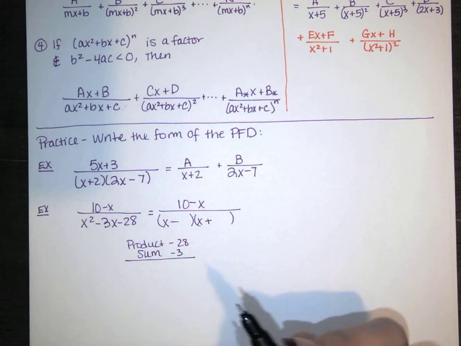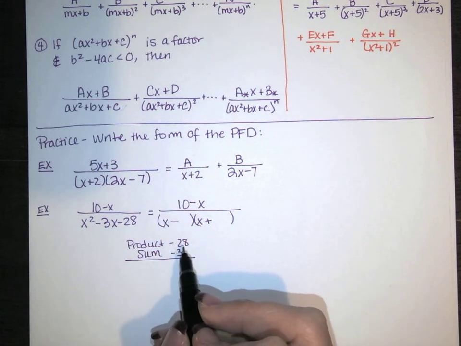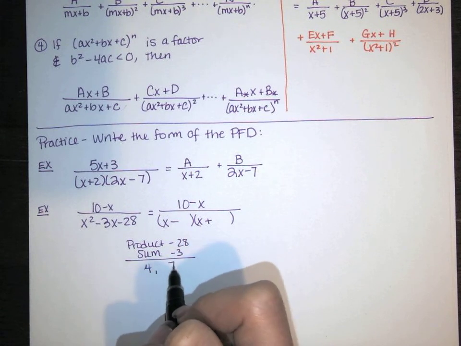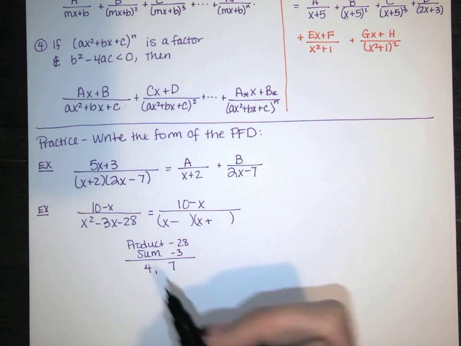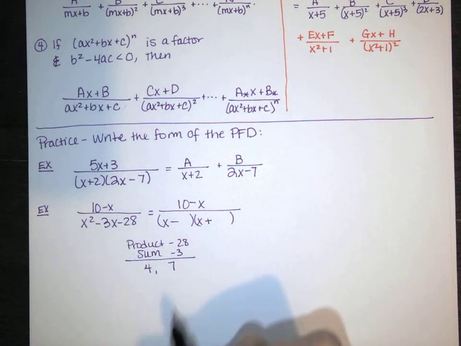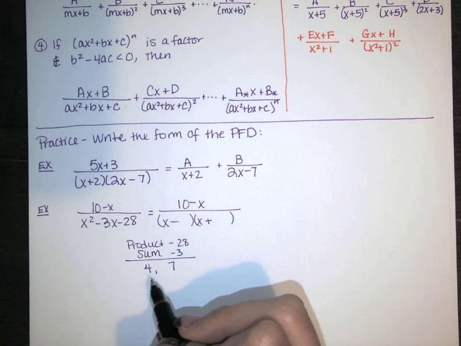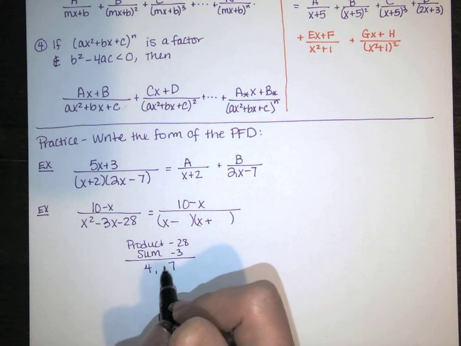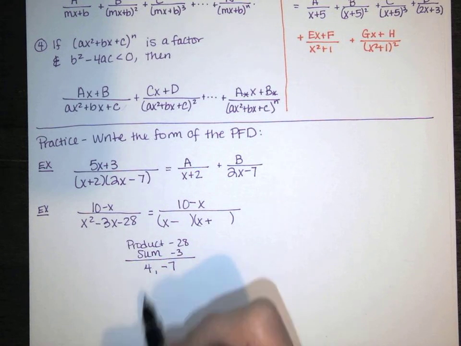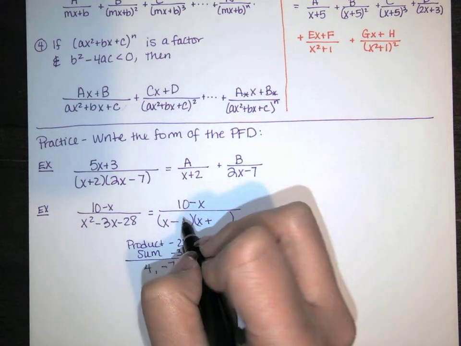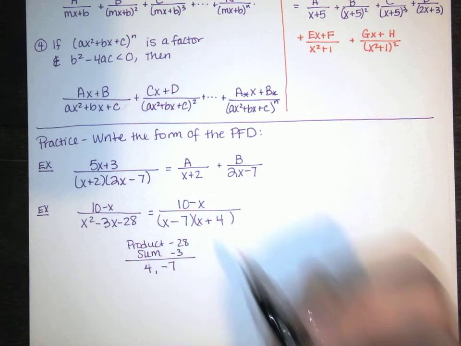So what I'm really looking for is two numbers that multiply to give me 28 that have a difference of 3. 4 and 7 will work, won't they? Because they have a difference of 3, and 4 times 7 is 28. Which one has to be negative so that the sum is negative 3? I guess it's the 7. Negative 7 plus 4 is negative 3, and negative 7 times 4 is negative 28. So I'm going to have a negative 7 and a plus 4.